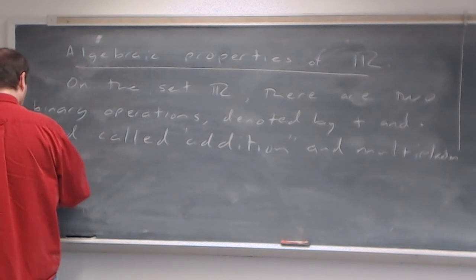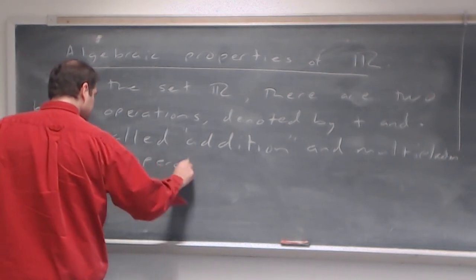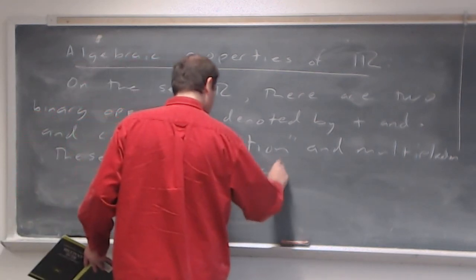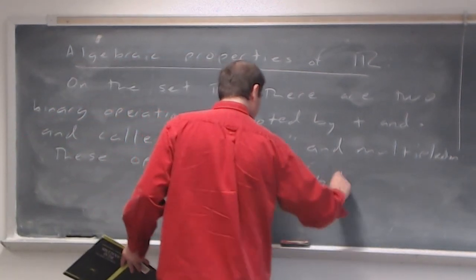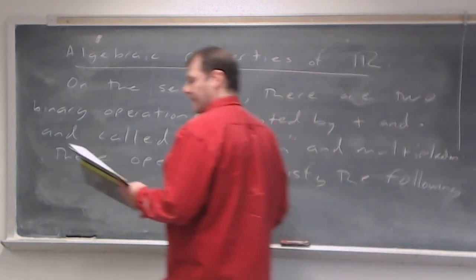These operations satisfy the following. So there's 9 things. What are the 9 things?